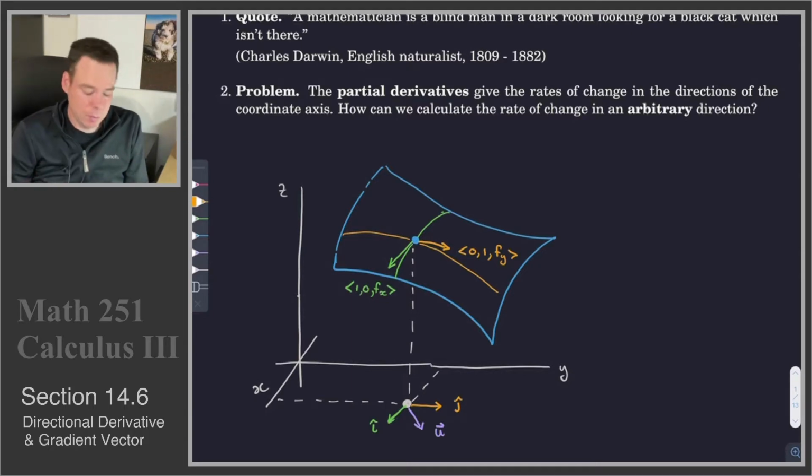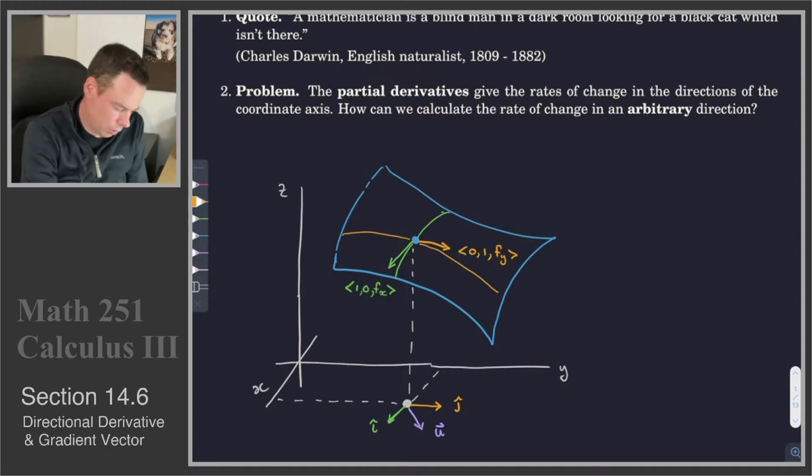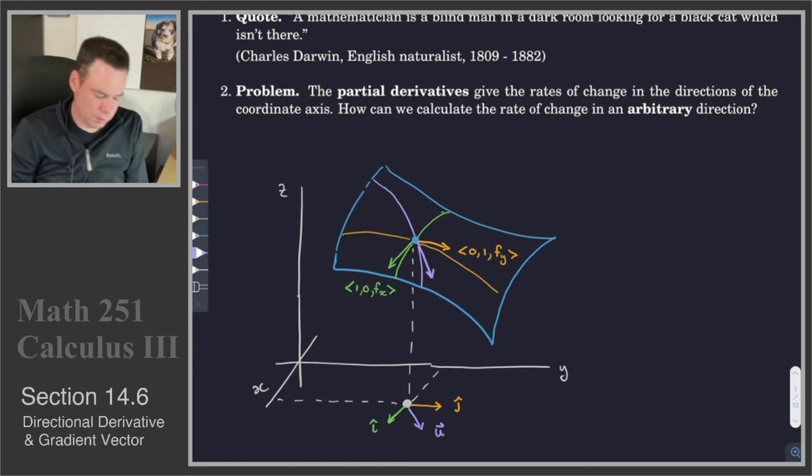What happens if we move in some arbitrary u direction? Well, the same thing happens in the sense that we just slice it with a plane in that u direction. That constructs some curve. From that space curve we can construct a tangent vector, and the rate of change in the z value along this curve is what we call the directional derivative.